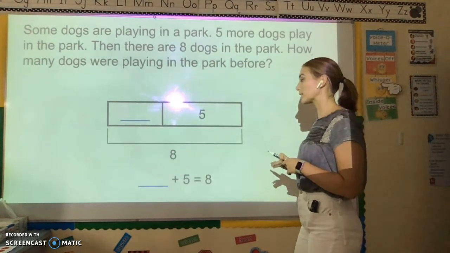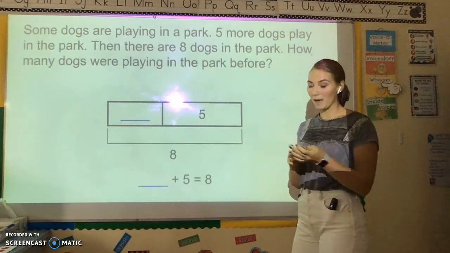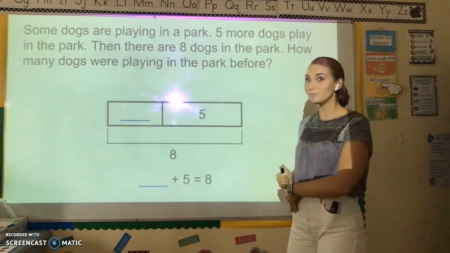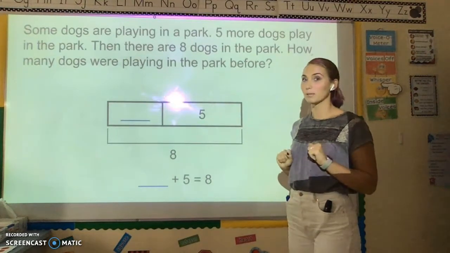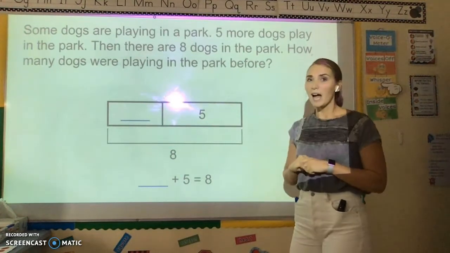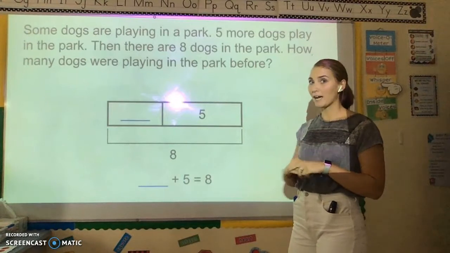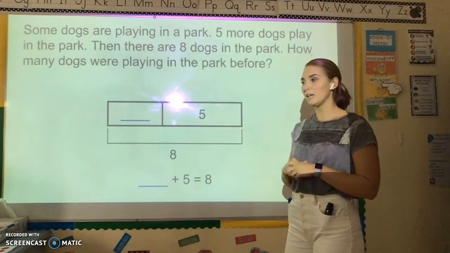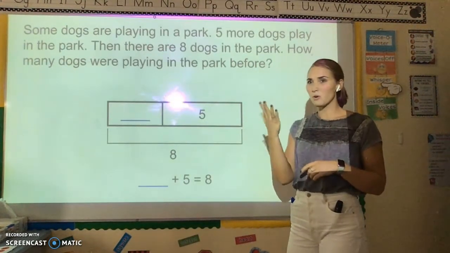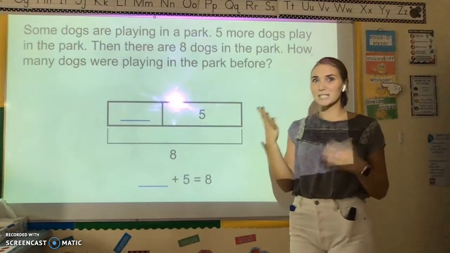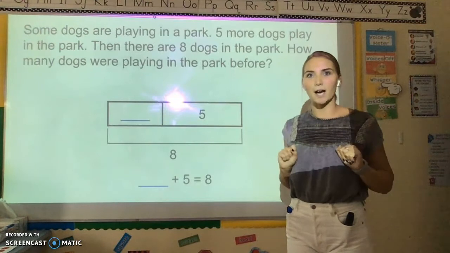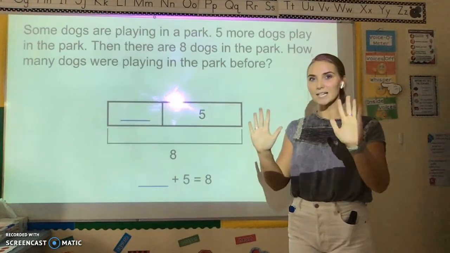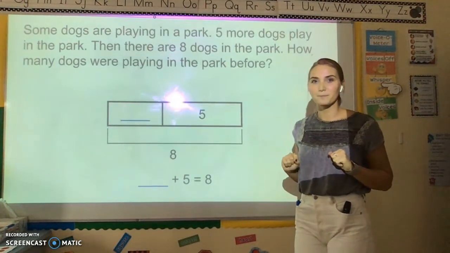All right, boys and girls, we are going to tap that number away in our brain again. So this time, we're going to try and do it without our blocks. So, I know that I have 5, so I'm going to tap it in my head, but then I don't know how many fingers to count up, but I know where to stop. Where should I stop counting?